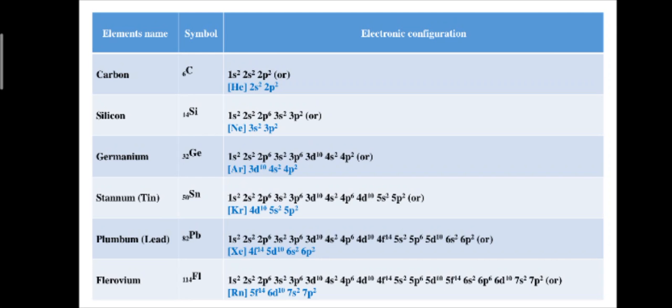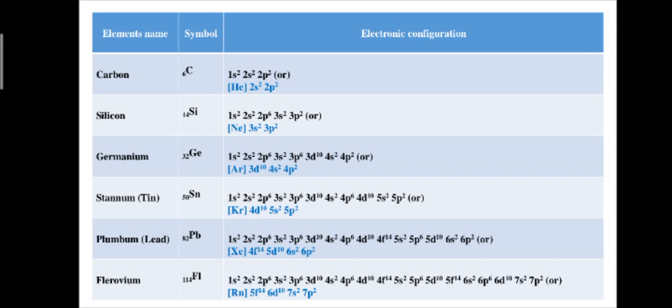The atomic number of stannum, that is tin, is 50. Its electronic configuration is krypton configuration 4d10 5s2 5p2. The atomic number of plumbum, that is lead, is 82. Xenon configuration 4f14 5d10 6s2 6p2.